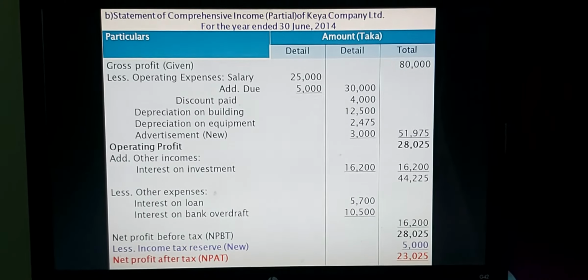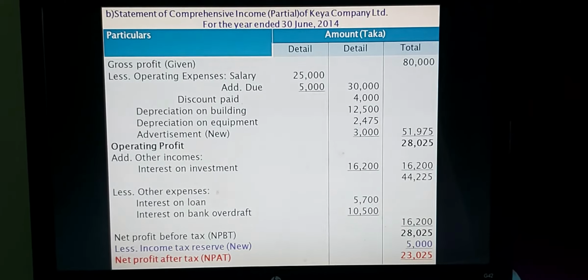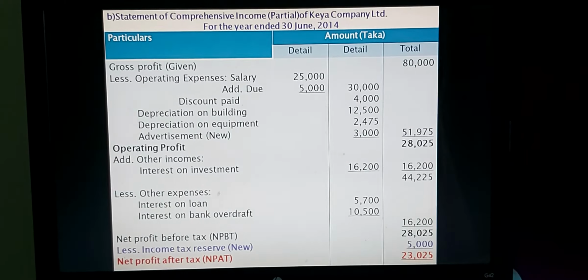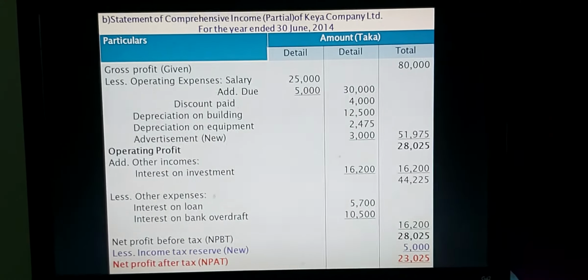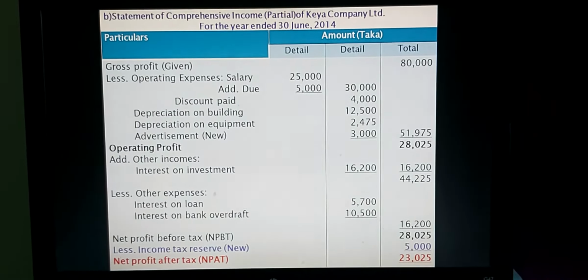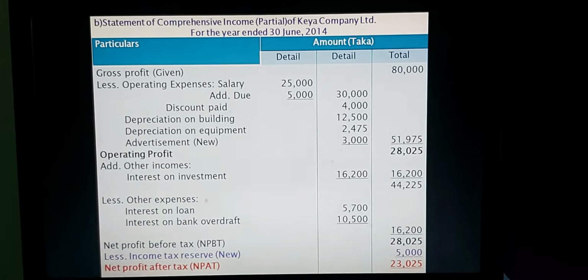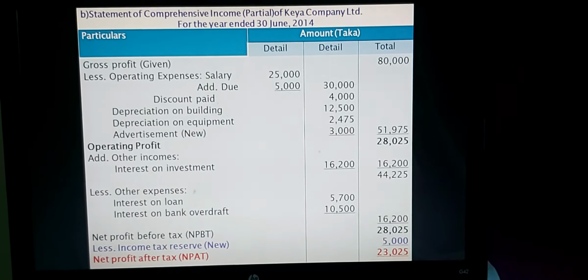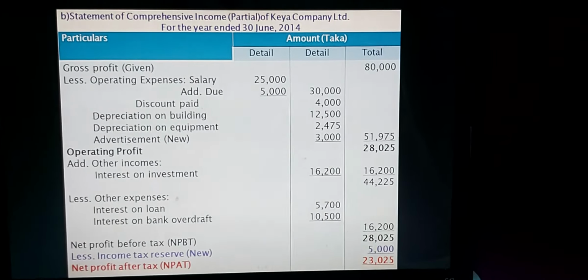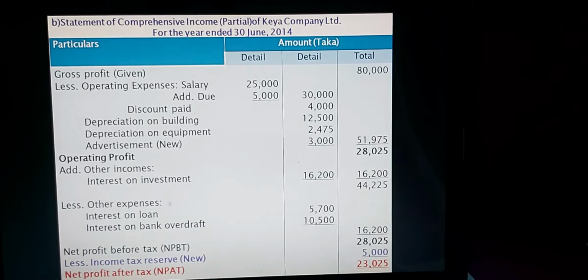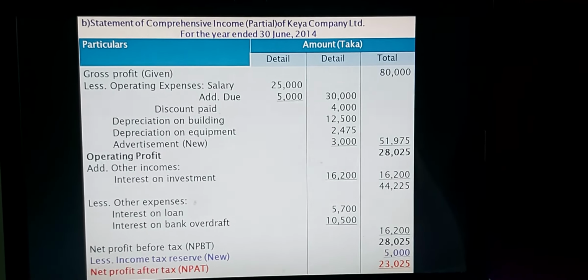So many items are included in operating expenses, but in this question, totally 5 operating expenses are available. Number 1, salary Taka 25,000 in the trial balance, but in adjustment number 4, salary due for the months of May and June, 2 months due, that is 10 months paid Taka 25,000, 2 months due Taka 5,000 is available. So you can write the total amount of salary Taka 30,000 in the middle column.